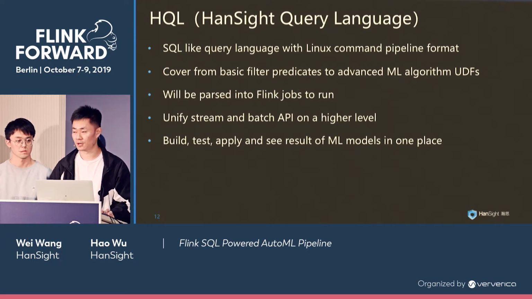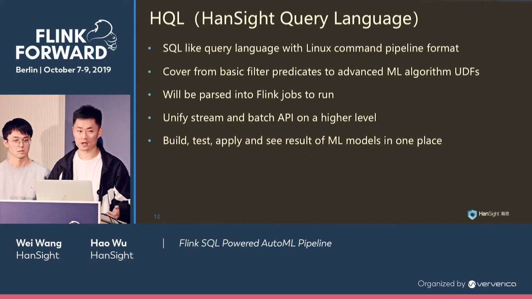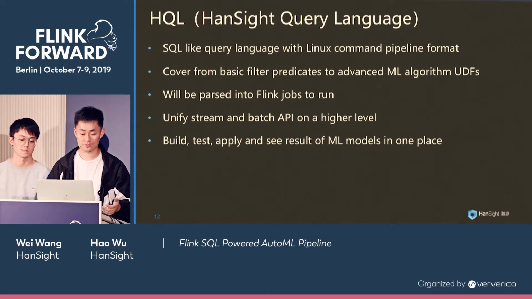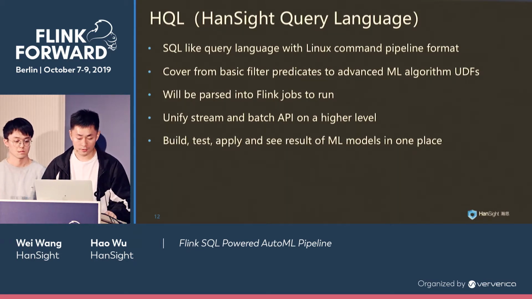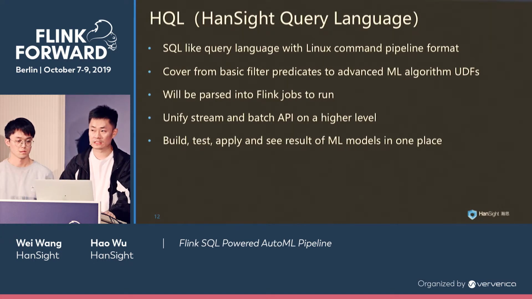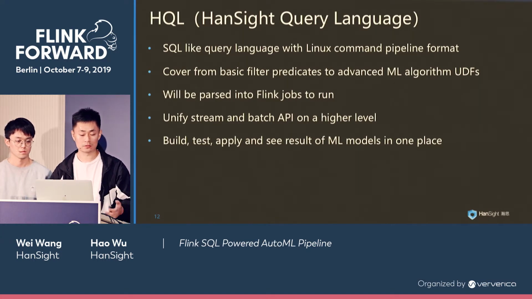You don't have to write Java code or Scala code. You just need the basic knowledge of SQL. Then you can use the unified APIs on the higher level. So finally, with this HQL interface, you can build, test, tune, apply, and see the results of your machine learning models just in one place.